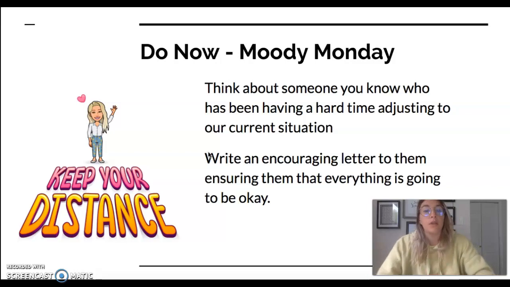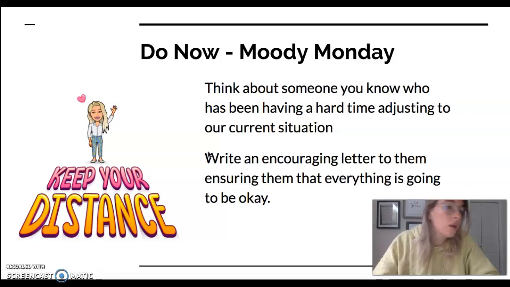So your do now. Your do now is Moody Monday, so you're going to be thinking about someone else's emotions rather than your own for today. Think about someone you know who has been having a hard time adjusting to our current situation. Write an encouraging letter to them, assuring them that everything is going to be okay. Think about what the word encouraging means. A lot of you last week, your do nows were one sentence long.